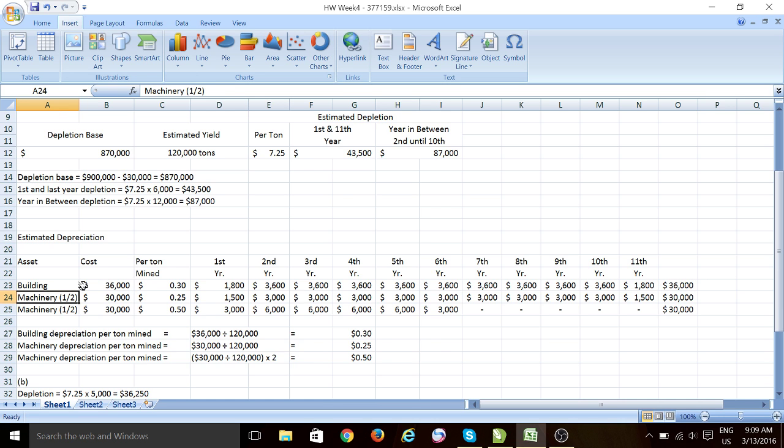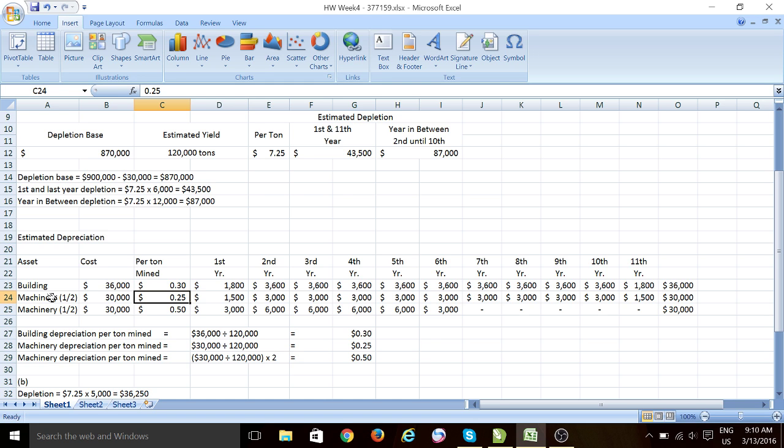So yeah, and then for the first machinery, the cost is equally distributed, so 30,000 each. The first machinery is estimated to have a longer useful life than 11 years, but because the mineral resource will only be useful for 11 years, we use that instead, the closest one.